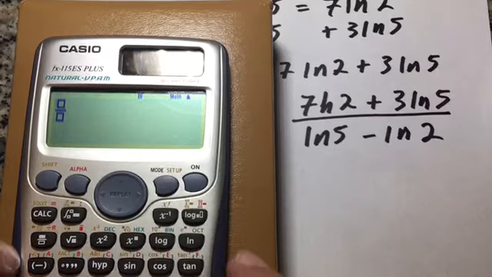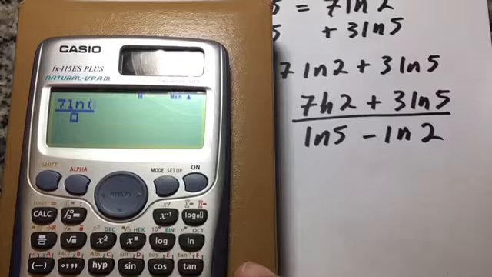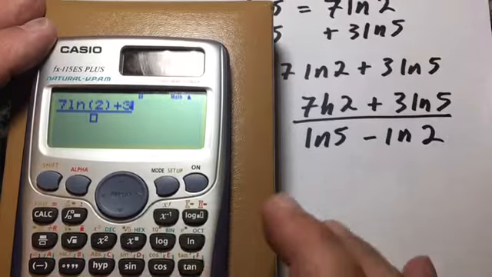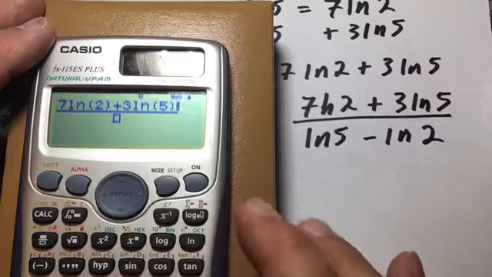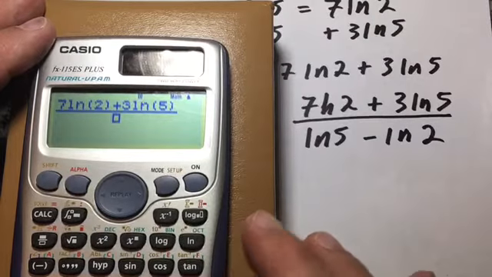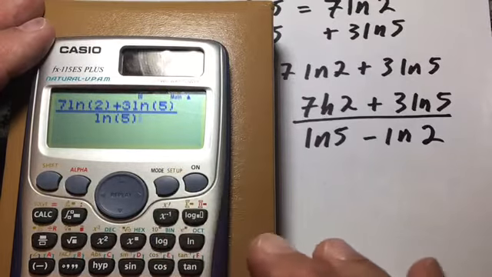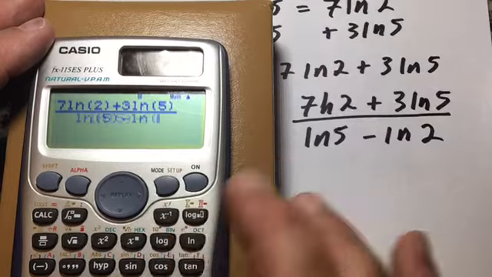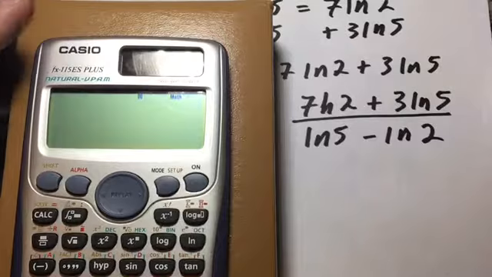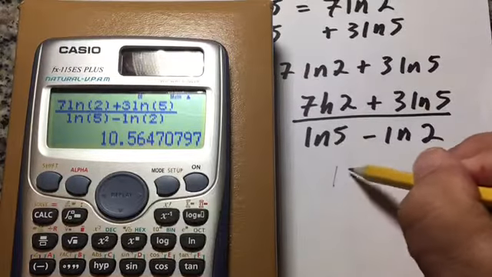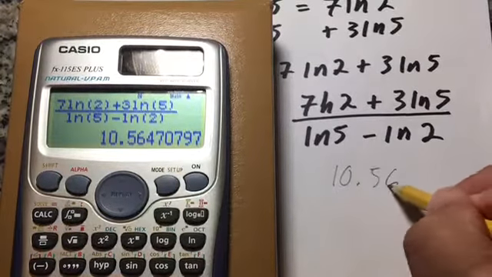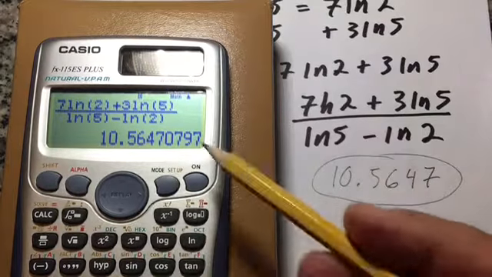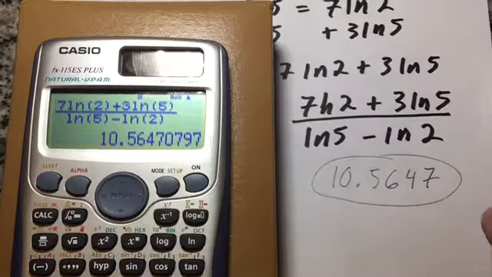I'm going to type in the top 7 ln 2, close the parenthesis, plus 3 ln 5, close the parenthesis, ln 5 minus ln 2, hit equals, gives me 10.5647. I'm going to see if I can arrive at that just using the calculator.